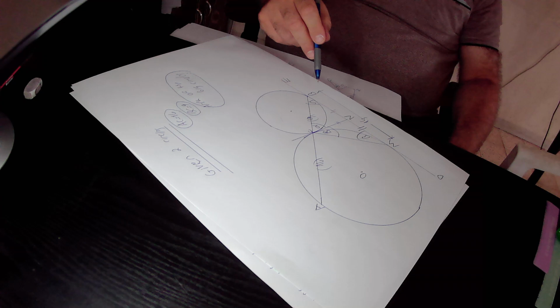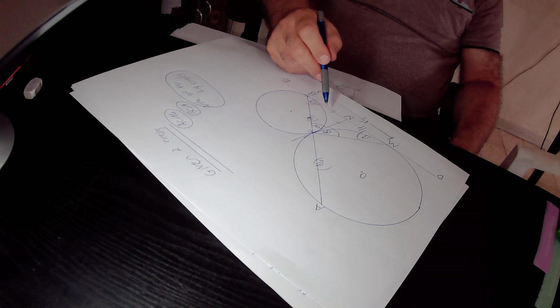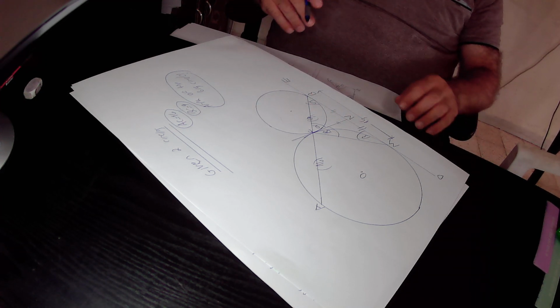Angle MCB, this angle equals beta plus alpha. Angle MCB equals beta plus alpha.